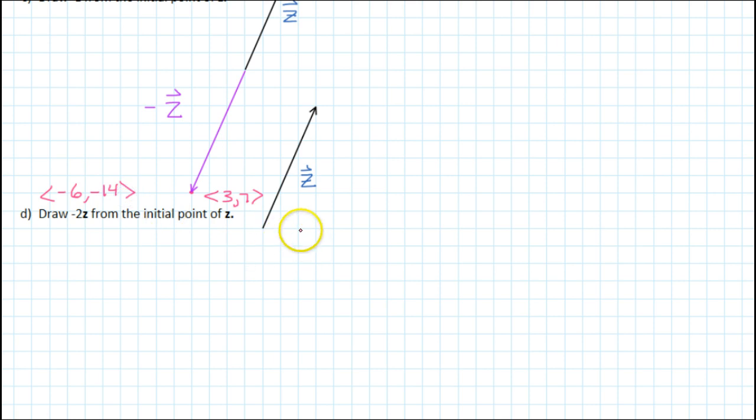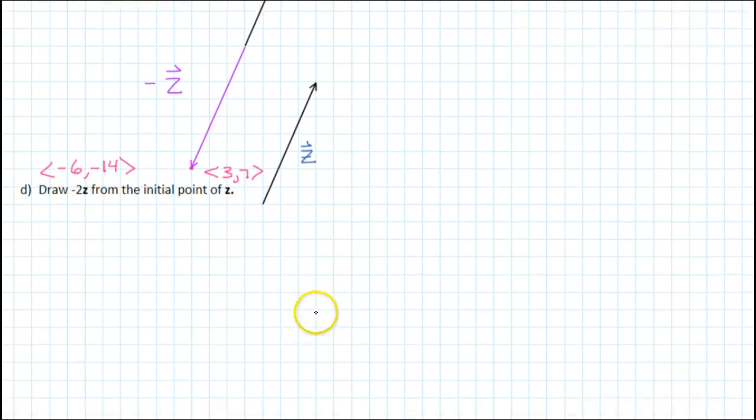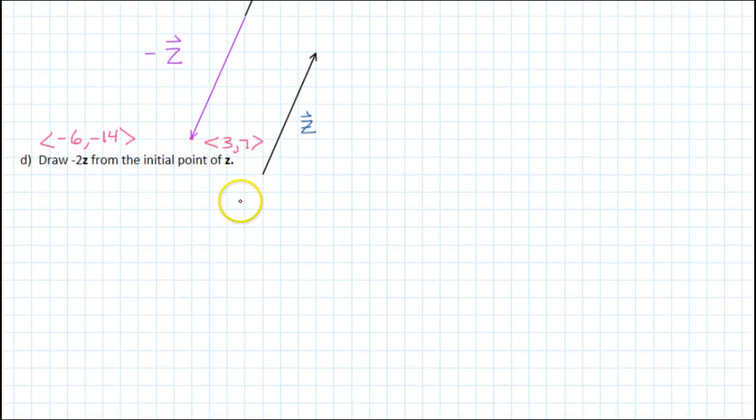So visually, because of the negative, it's going to go in the opposite direction. Because it's negative 2, it should be twice as long. So we're expecting to see a vector that is twice as long, but in the opposite direction. So let's see what happens as I count negative 6.